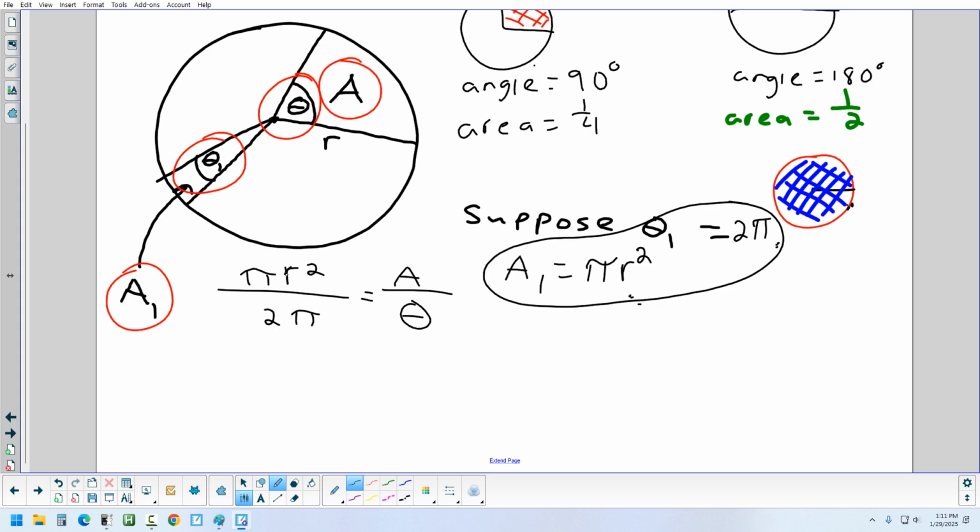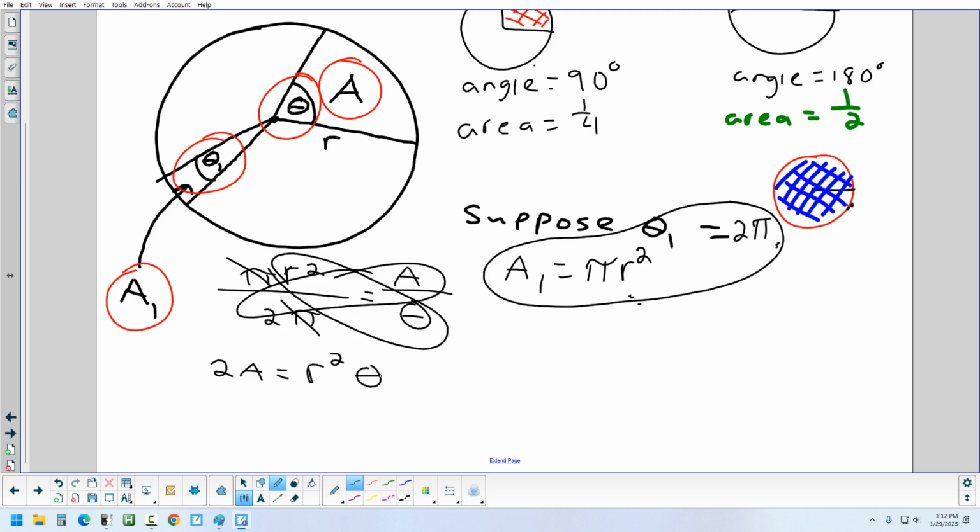The pi. Yep. Pi in the top, pi in the bottom. So now cross multiply what you have left. What's A times 2? 2A. And what's r squared times theta? R squared theta.